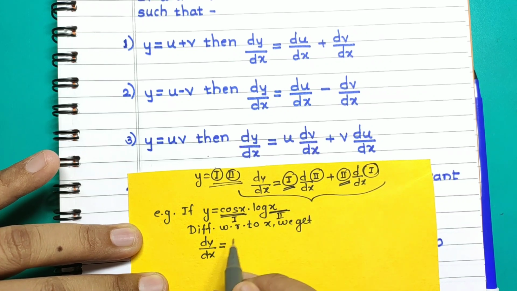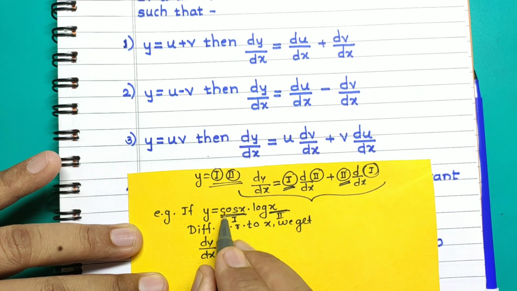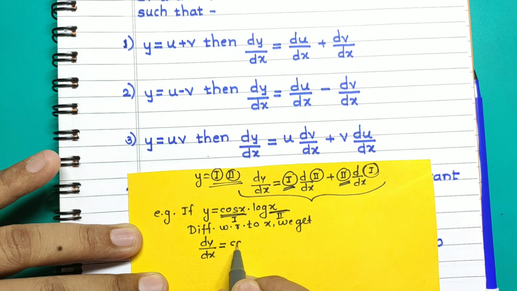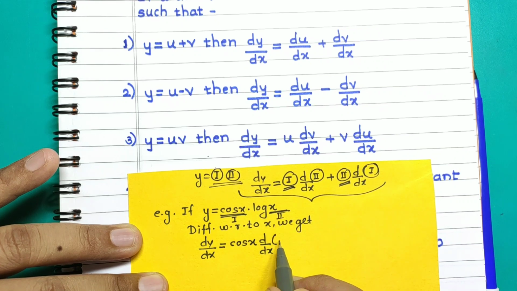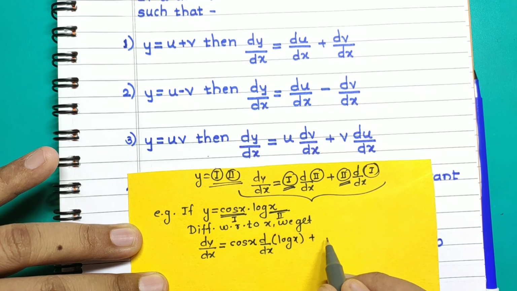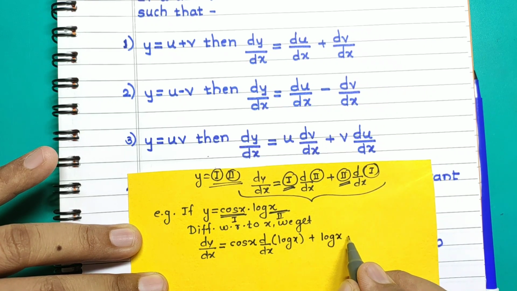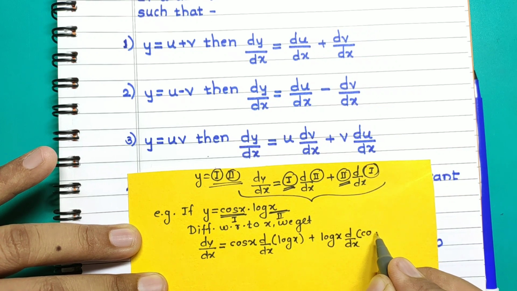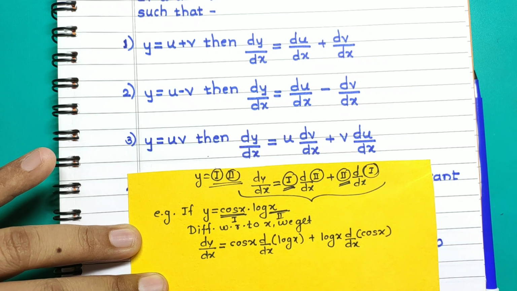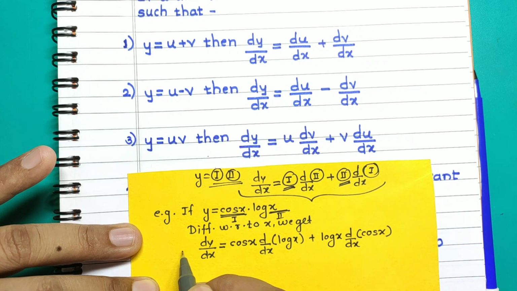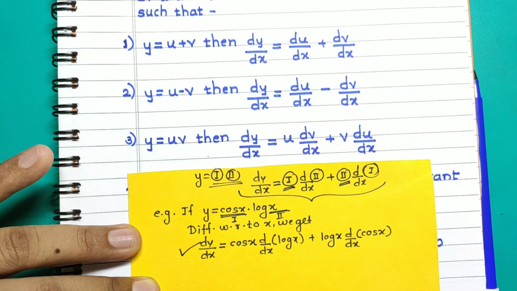So according to the rule, keep the first function as it is. So keeping cos x as it is, multiply it by the derivative of the second function, which is log x, plus keeping the second function as it is, that means the term log x as it is, into the derivative of the first function, which is cos x. At this step we have applied the rule.